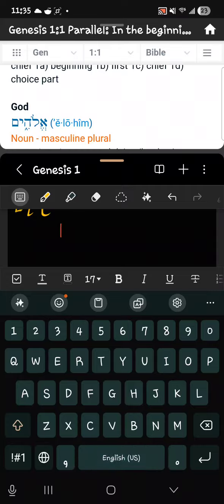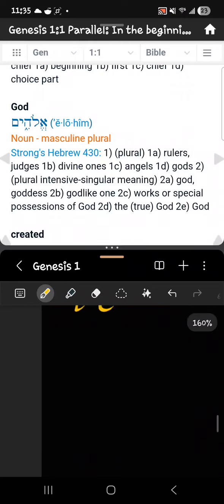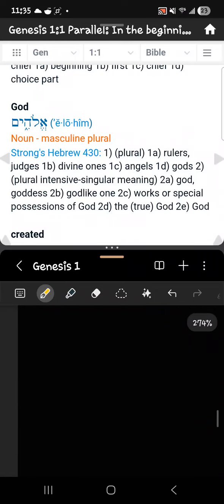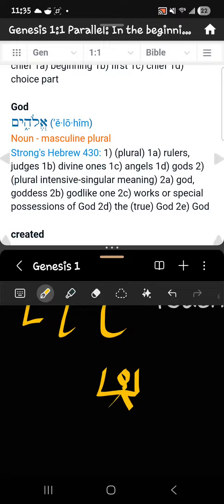I'm going to show you the two different ways to put a ha here, okay? Here's how you do it in Picto. It's a stick person.